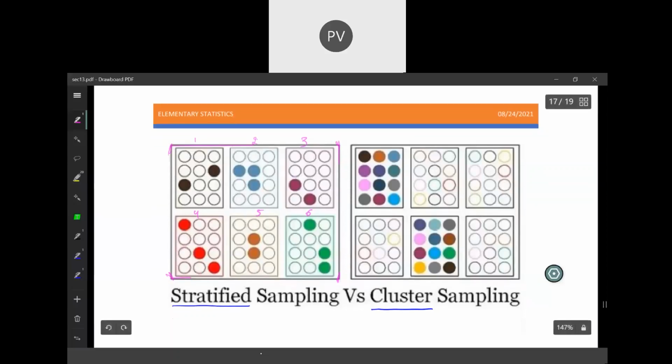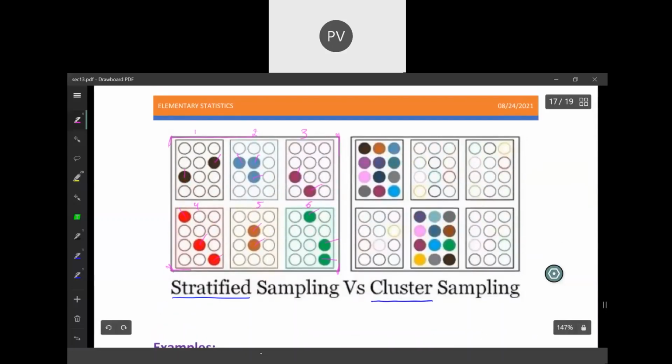Now I want to choose my sample. In stratified sampling, we will choose the sample randomly. It can be any number of individuals, but we will be choosing from every group. You have to choose from every group.